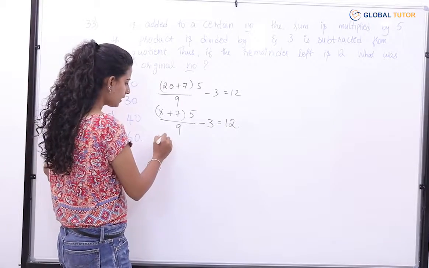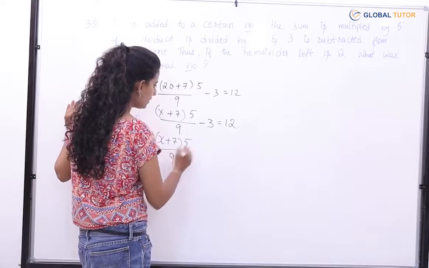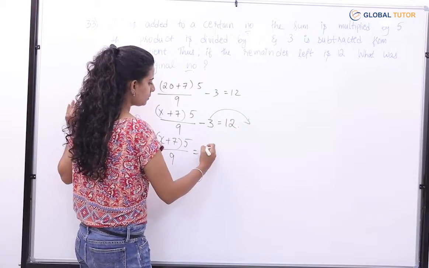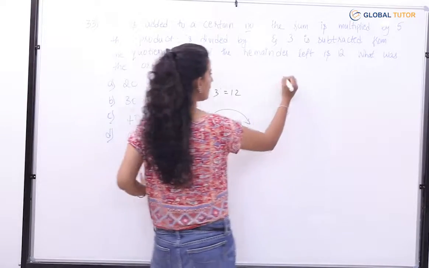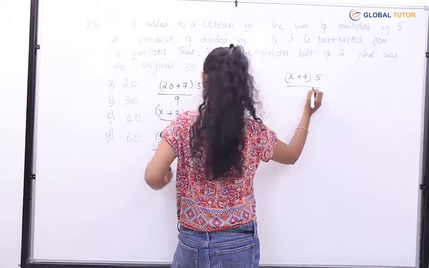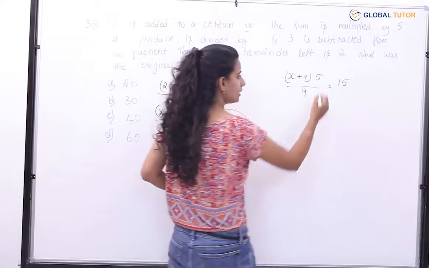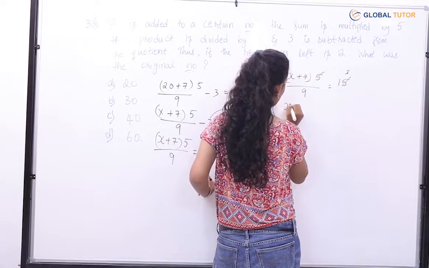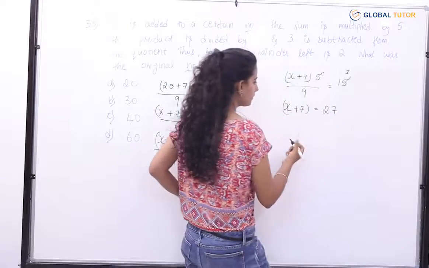So this will be x plus 7 into 5 by 9. Shift this 3 to this side, so you have 12 plus 3, right? Now x plus 7 into 5 divided by 9 is equal to 12 plus 3, which is 15. 5 3's are 15. 9 into 3 is 27. So x plus 7 is equal to 27.